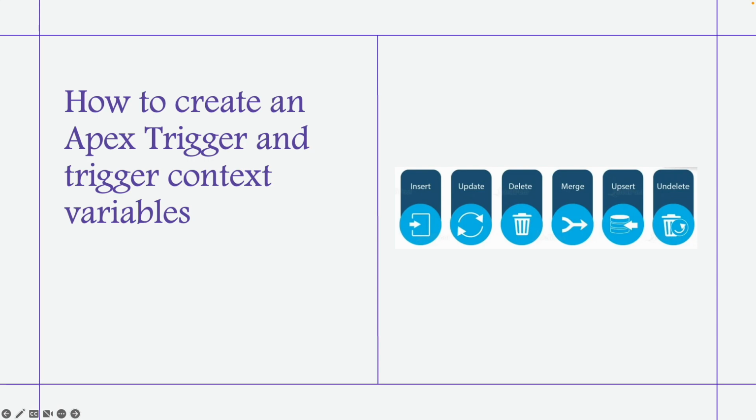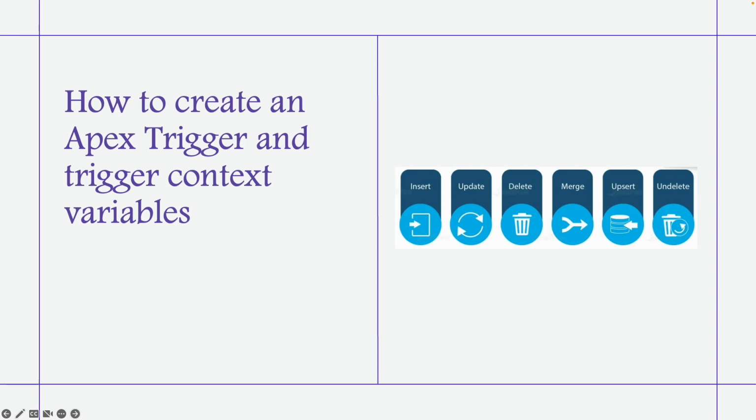How to create an Apex trigger and trigger context variables. Creating an Apex trigger might seem intimidating, but it's actually not as difficult as it sounds. In Salesforce, a trigger is a piece of code that gets executed when a certain event occurs, like creating or updating a record.